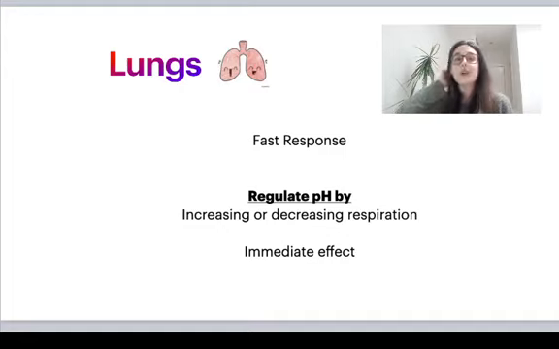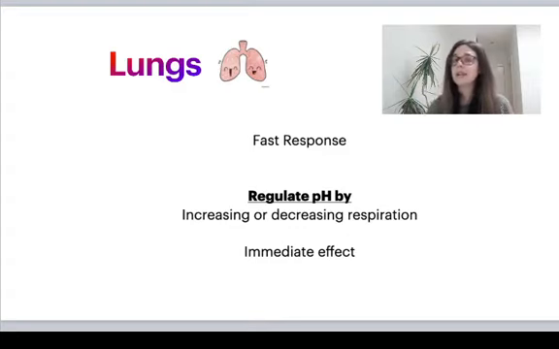And they can pretty much try and regulate pH by simply increasing or decreasing the respiratory rate, or respiration. Like I said, it has immediate effect. We've got to remember that CO2 is an acid. So if the body has too much acid, if we're dealing with an acidotic process, the patient may start to pant or hyperventilate to blow off some of those acids.